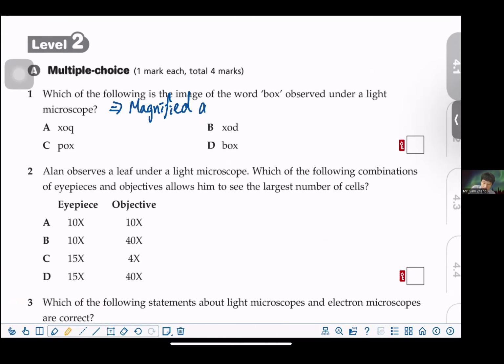So based on this, the answer here will be A.